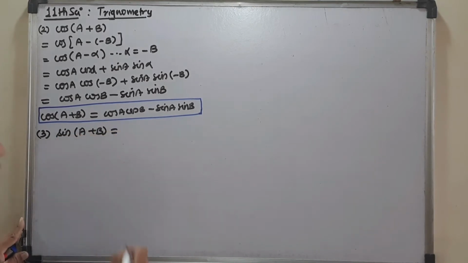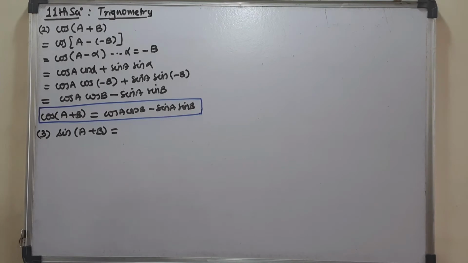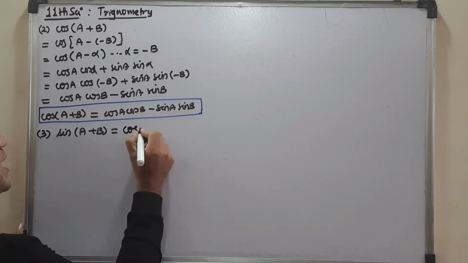Now we haven't derived anything of a plus b. But I know very nicely that sin theta is equal to cos 90 minus theta, and we have already defined radians. We will write it in radian form, that is 90 is nothing but pi by 2.